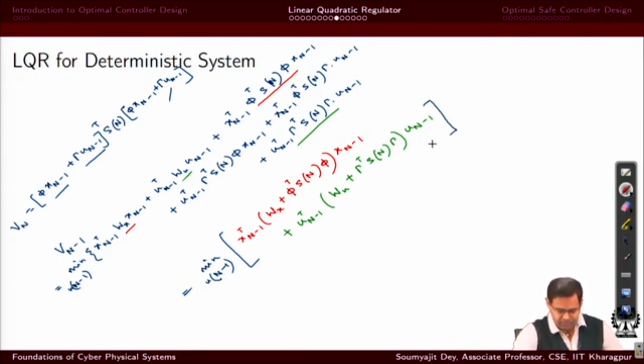Yeah. But of course, there will be more terms. So, let us not put this bracket here, and instead let us just nicely write down the other terms. But the good thing is we have successfully written the quadratic terms over x and u. So, fine. Now, let us just consider these terms here, the terms relating x and u. We have created the ones for quadratic in x and quadratic in u, and here are the other terms.